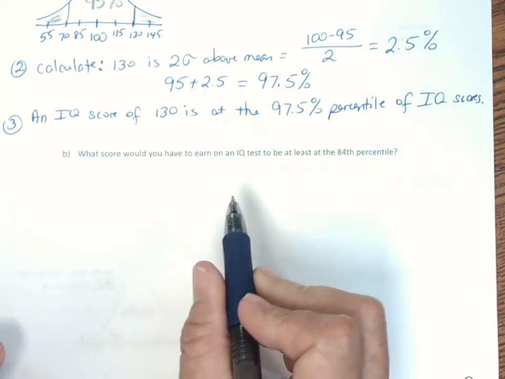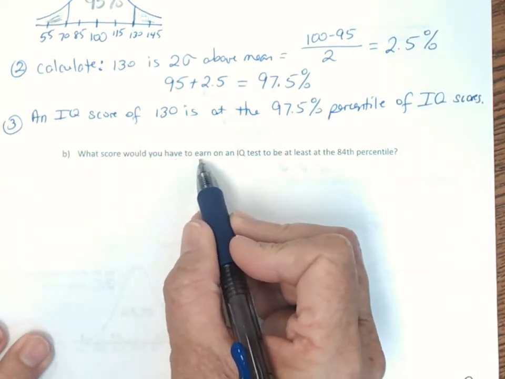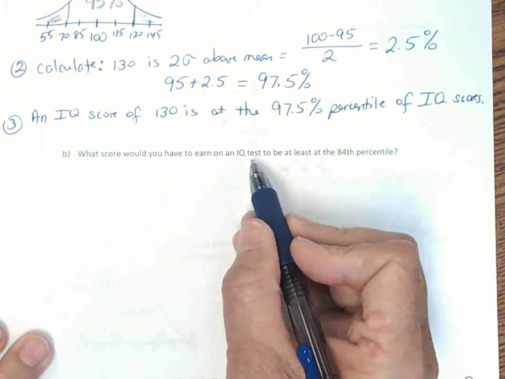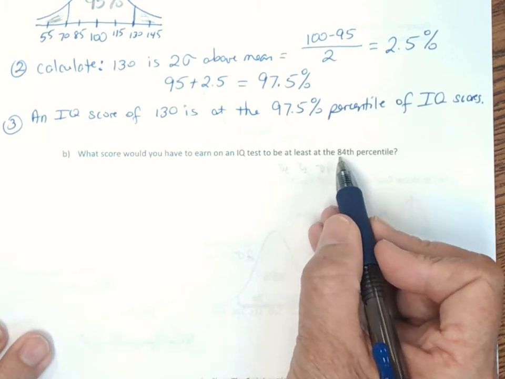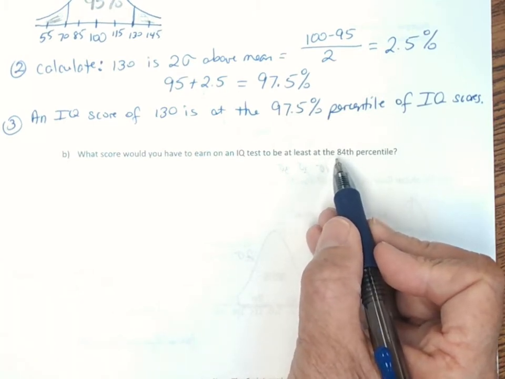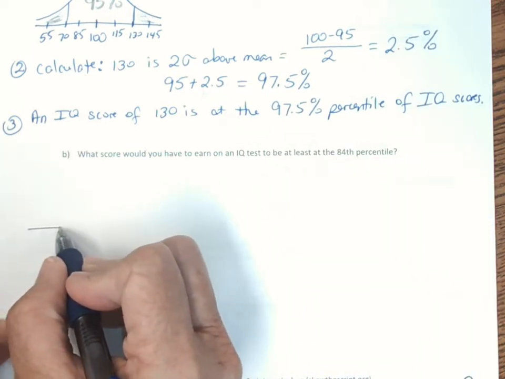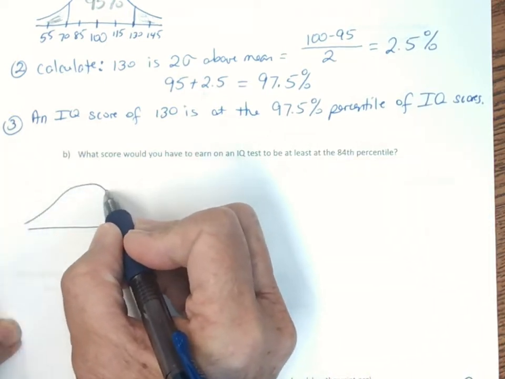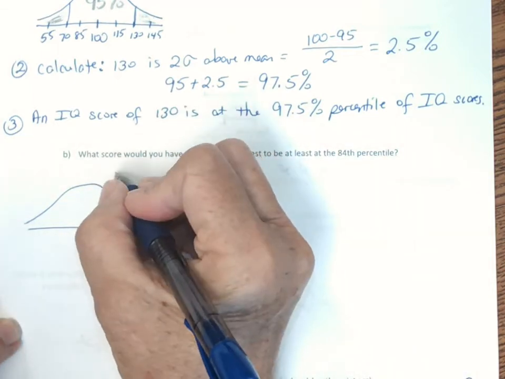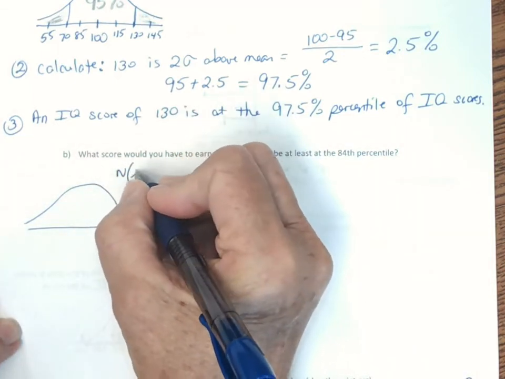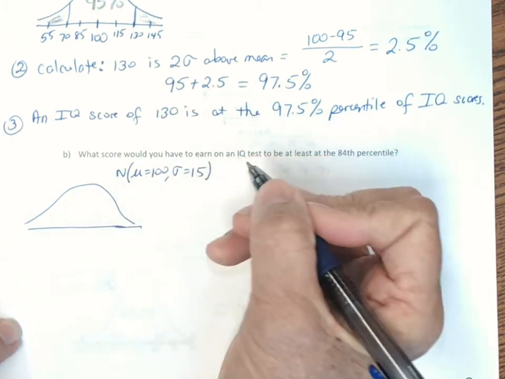Okay, and let's do a second part to this. What score would I have to earn? So I don't know what the individual point is on an IQ test to be at least the 85th percentile. So that means I want 84% of the data below my score. So again, we're going to draw and label. So here's our graph. Not as good as the first one, I'd say, but we label it. It's normal with mu equal to 100, standard deviation equal to 15.